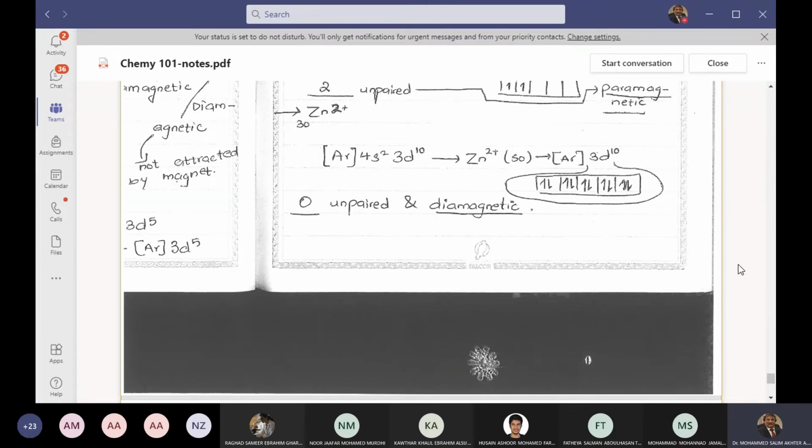Nickel, Ni plus 4. What is the number of unpaired electrons? How many unpaired electrons? Is this Ni4 plus para or di?